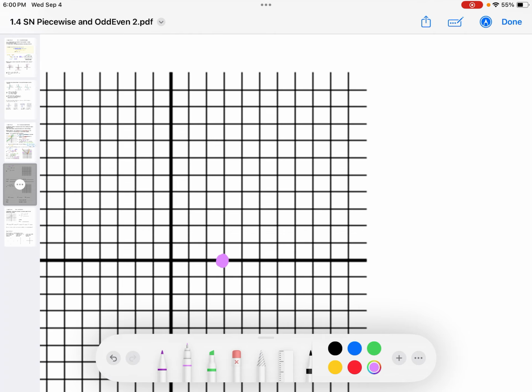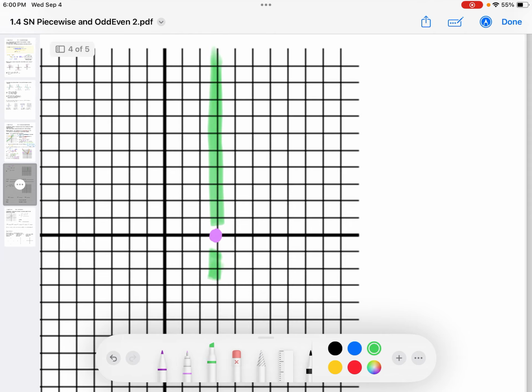And then what we can do from here is treat that vertex like (0, 0) and graph the parabola from that vertex. Instead of graphing the parent function and moving it, we can graph from the vertex.